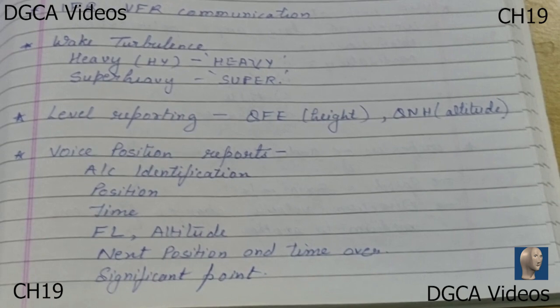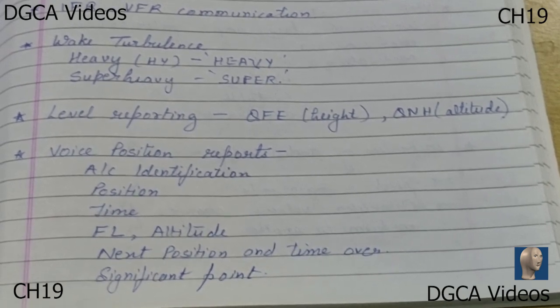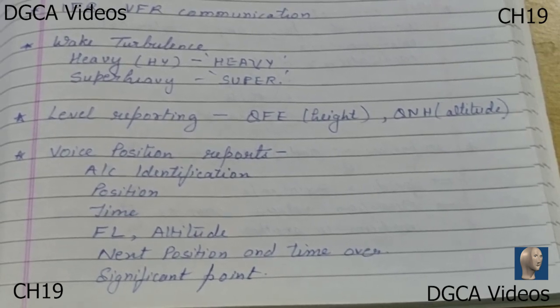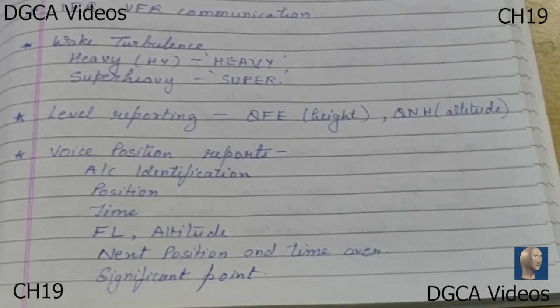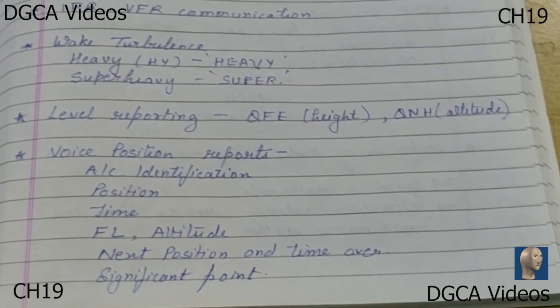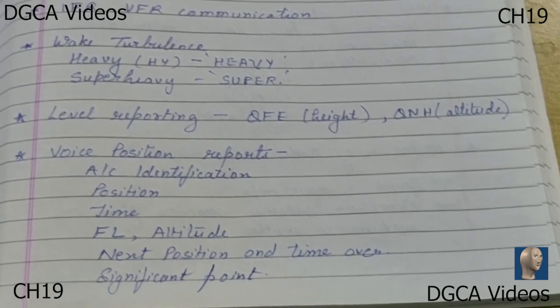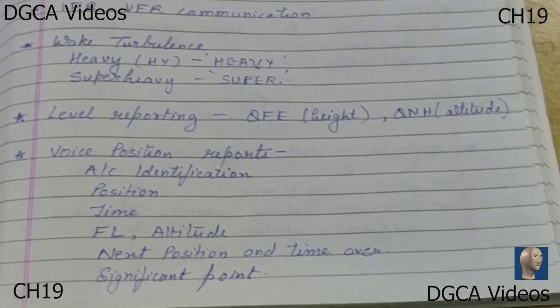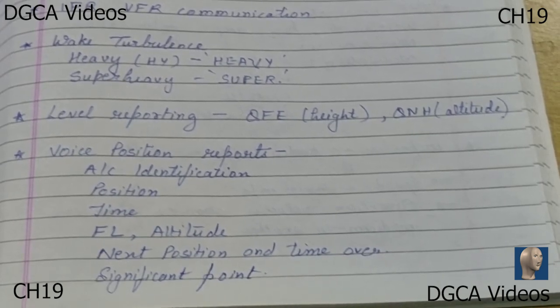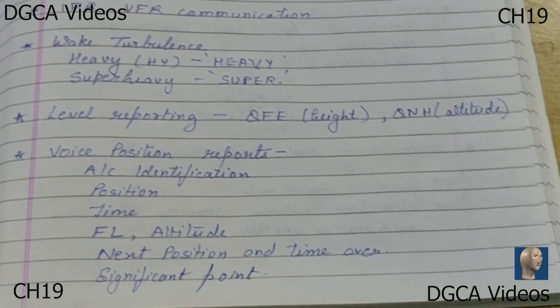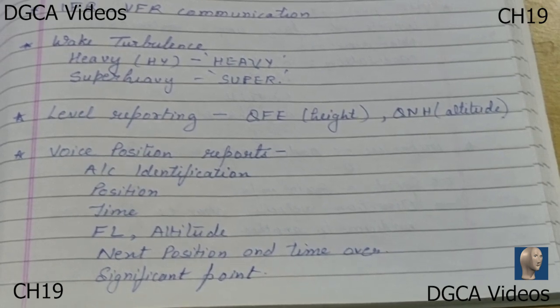On ATS routes from one point to another, say from Delhi to Mumbai, there are a lot of significant points that have been set up by the ICAO or DGCA, so that they have a continuous watch over your route, and you can be provided proper information or air traffic services at those points.